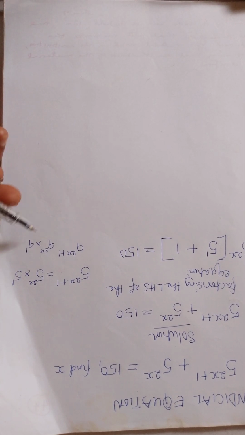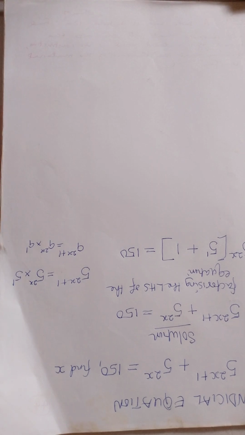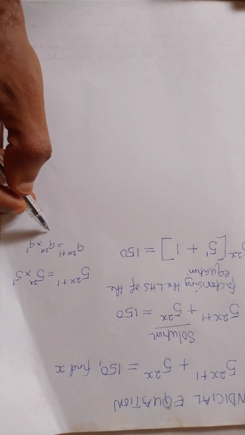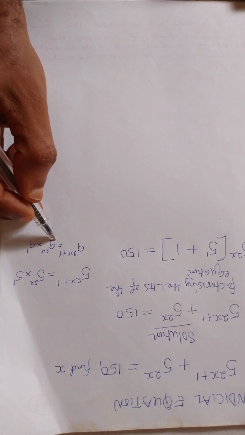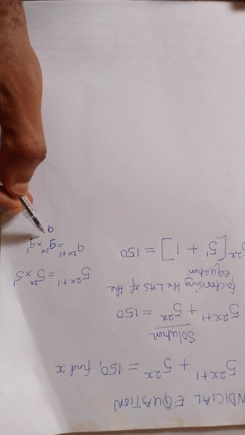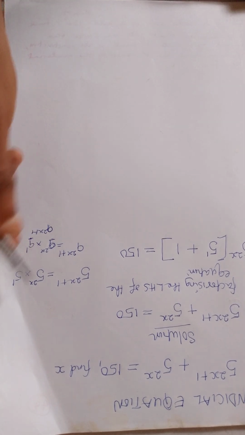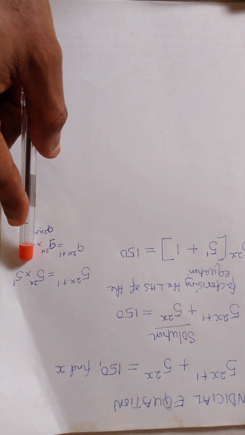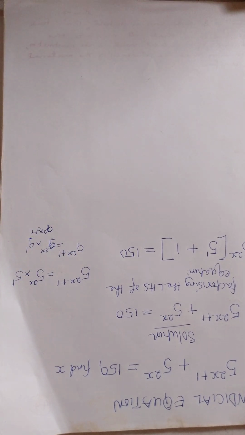So you can still interpret it this way, since they have the same base, you can say a raised to power 2x plus 1. That's the same thing. This is how you can also interpret it.